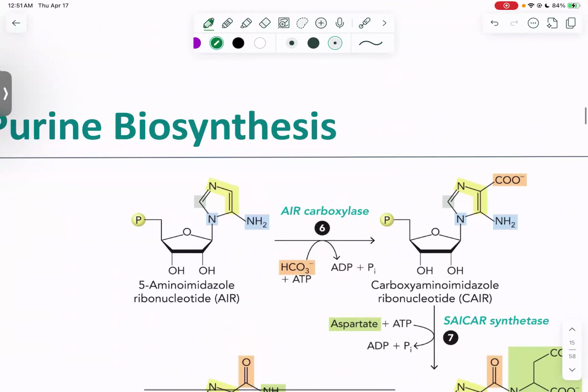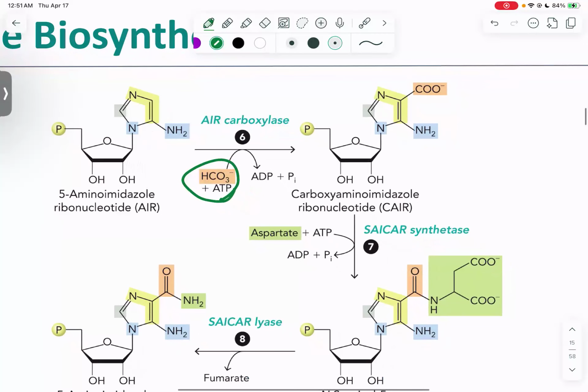In stage 2, we're going to take a carboxyl group from bicarbonate, right? So not only do we need nitrogens, but we also need carbon backbones. So bicarb, but again, this is going to require an investment of ATP.